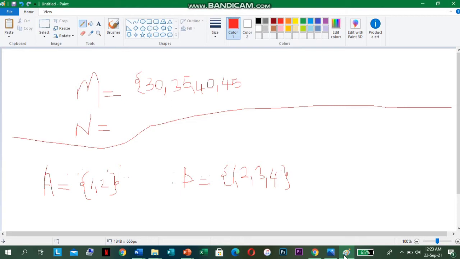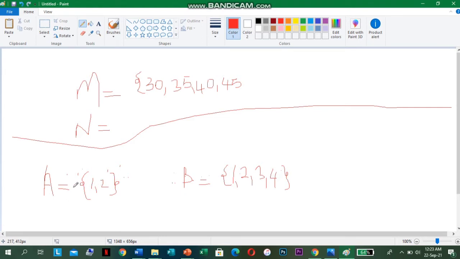So we see that some elements that are in A are also in B here, don't we? See that elements that are in A are also in B. See that elements in B are also in A. So some of the elements that are in B are in A. See that?